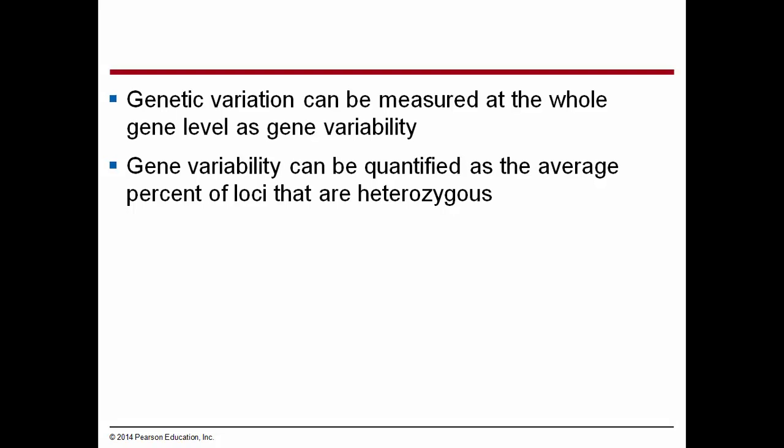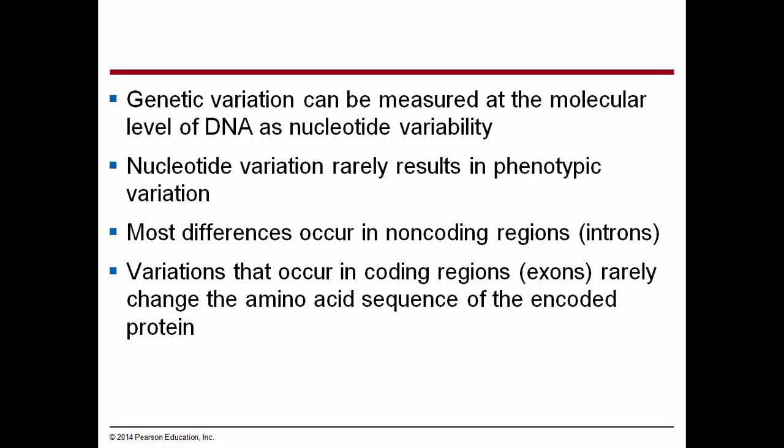Genetic variation can be measured at the whole gene level as gene variability. Gene variability can be quantified as the average percent of loci that are heterozygous. Genetic variation can be measured at the molecular level of DNA as nucleotide variability.